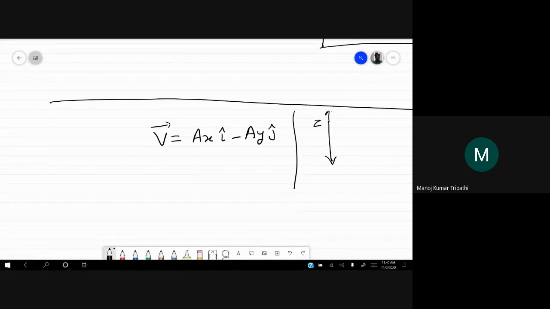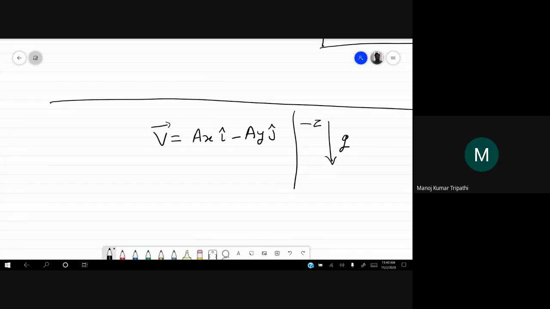So positive z is that direction, this is the negative z direction, and the magnitude is g. Everything is in meters. The pressure is given at x, y, z equal to 0, 0, 0, that is the origin of the coordinate system.